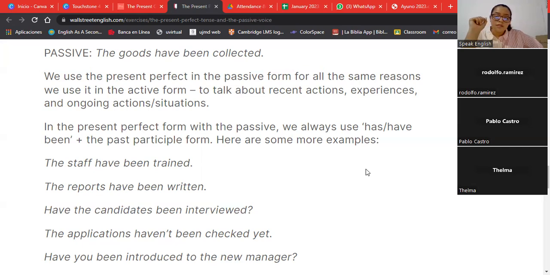Is present perfect again. Yes, you're right. And here, fishing companies are catching fewer wild fish. Present perfect or present continuous? Continuous. You are mixing the passive voice of the present perfect with an active voice of the present continuous.